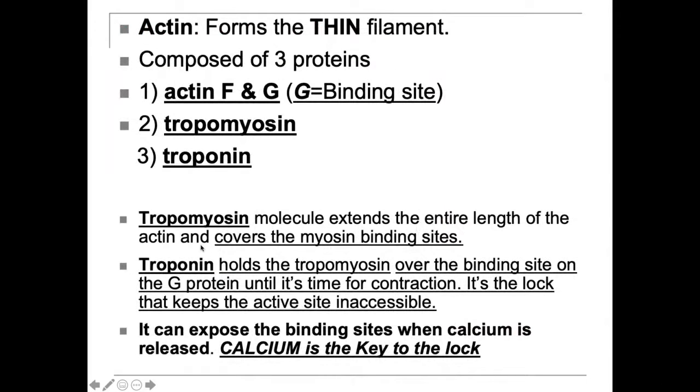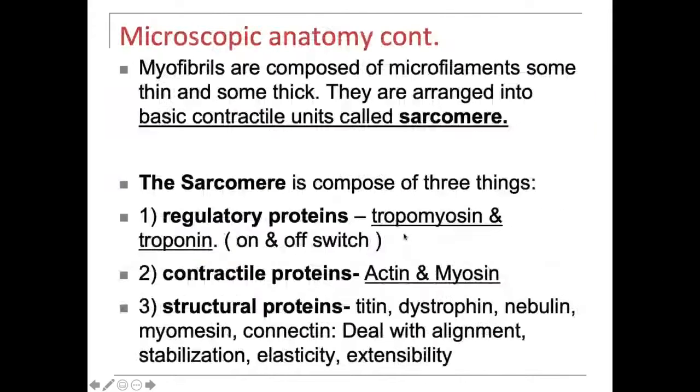The tropomyosin is the molecule that extends the entire length of the actin, and it's covering the myosin binding sites. That's what we showed you. Troponin is going to hold the tropomyosin over the binding site on the G protein until it's time for a contraction. And we have to get into detail as to what is actually time for the contraction. Okay, so what is going to remove troponin to expose these binding sites?